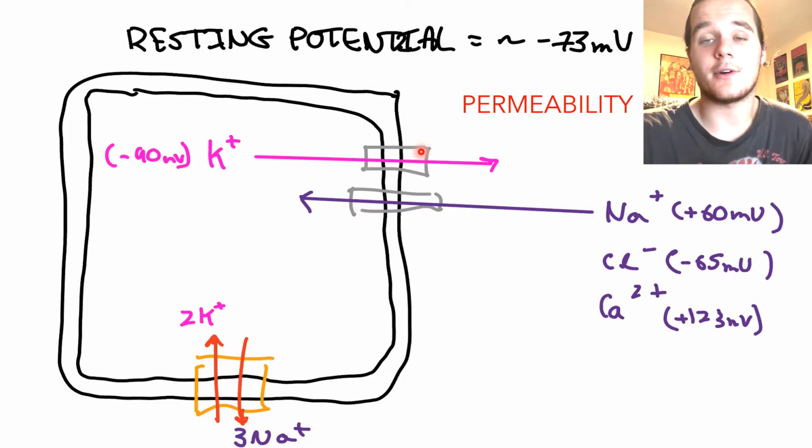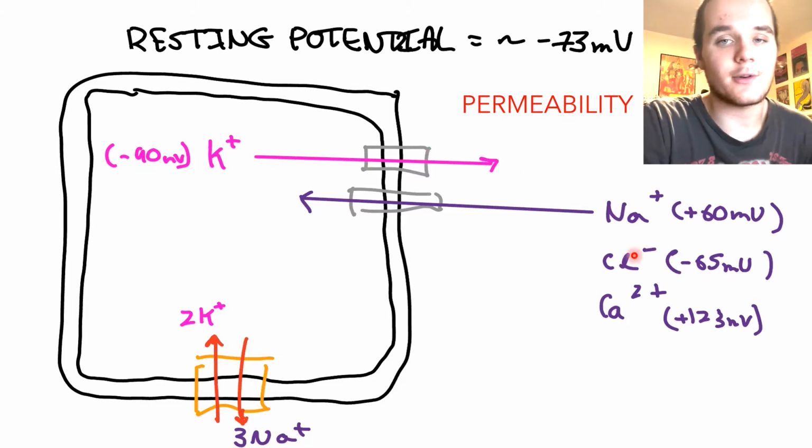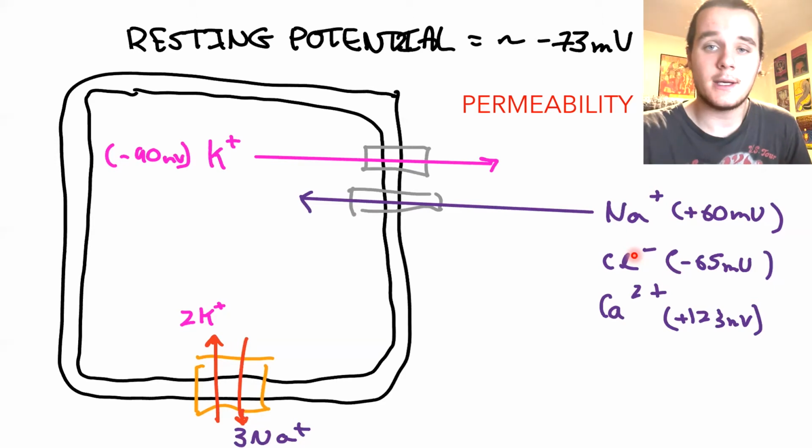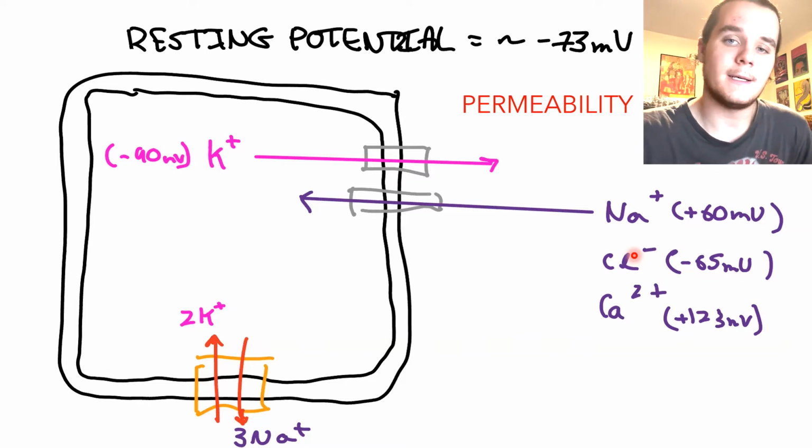The thing is, there are also leaky channels for sodium and chloride. So these ions are also able to pass through the membrane, not necessarily with the same amount of ease, but they are still able to get through.